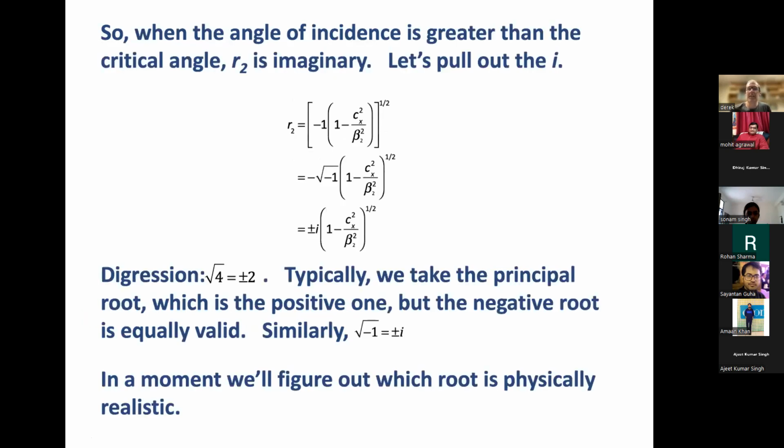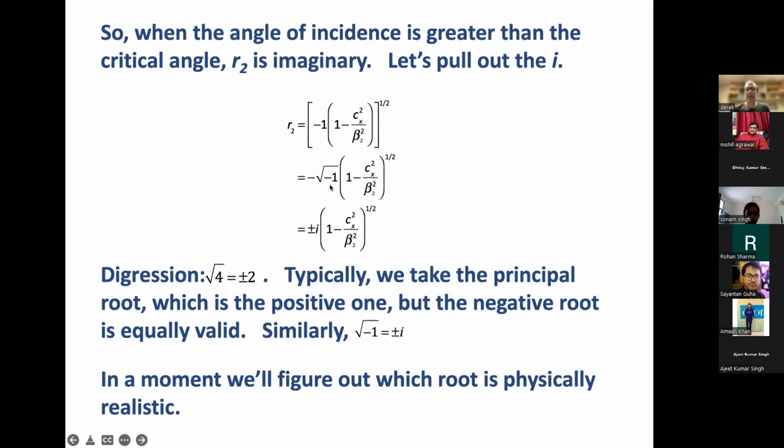So when the angle of incidence is greater than the critical angle, r2 is imaginary. So let's pull out the i. Here I've just pulled out a -1, and now I'm taking the square root of -1 right here.